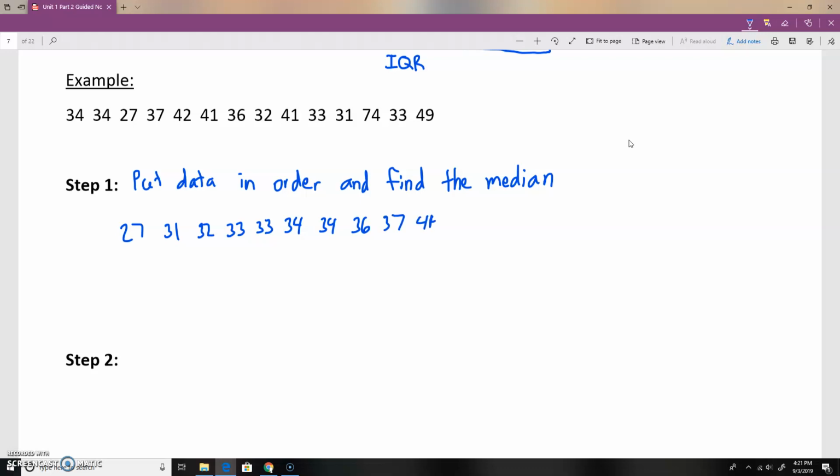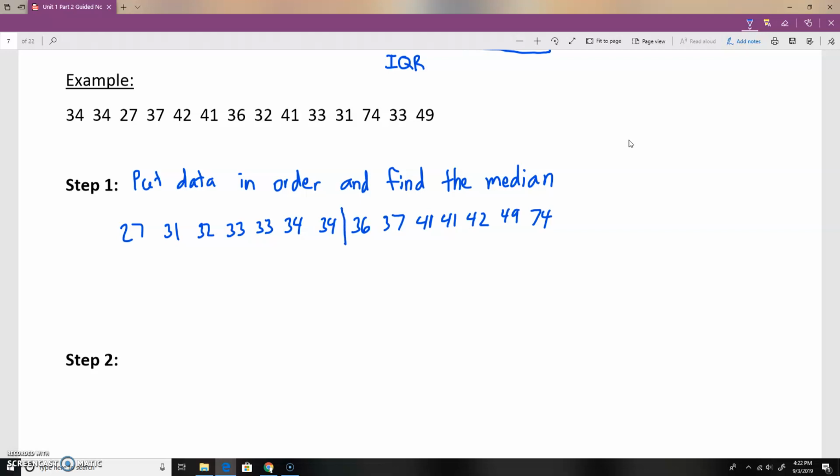Oops, sorry, that's 41. Get that one twice. Then we have 42, 49, 74. Now, if we want to find the median, we need to split this exactly in half. So there would be our median right there between those two.